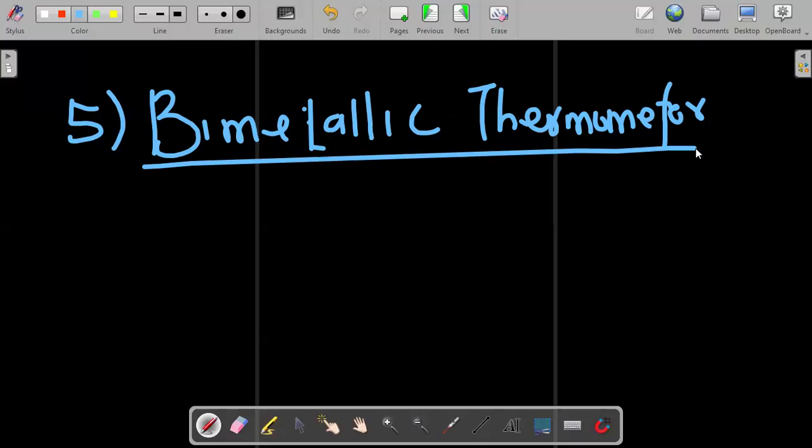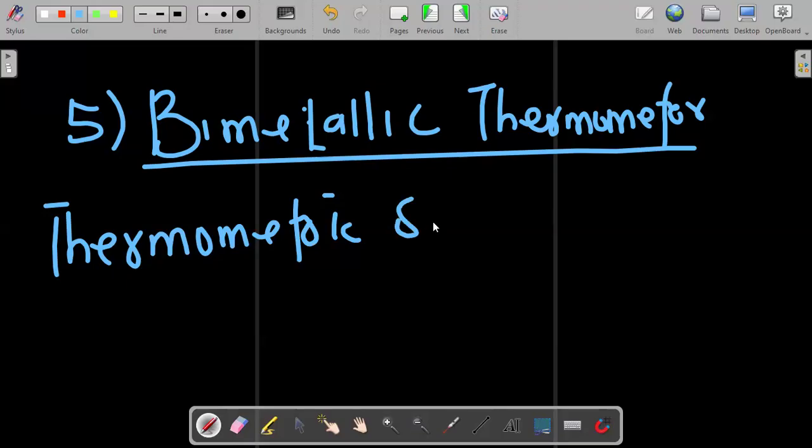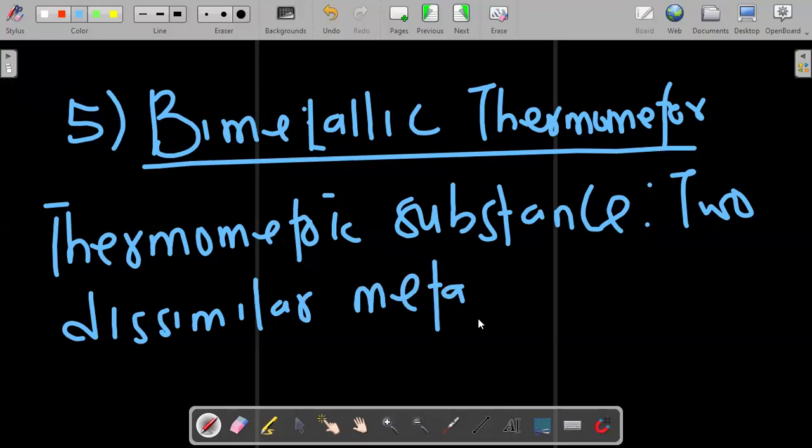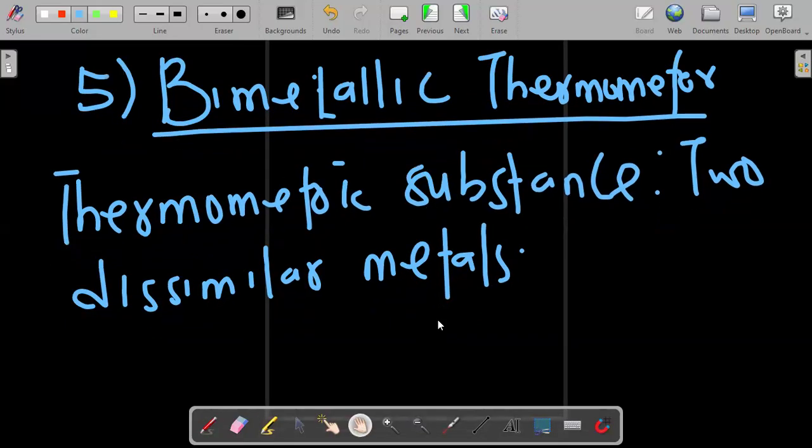So this one contains the thermometric substance. The thermometric substance is two dissimilar metals. That's what makes up a bimetallic thermometer.